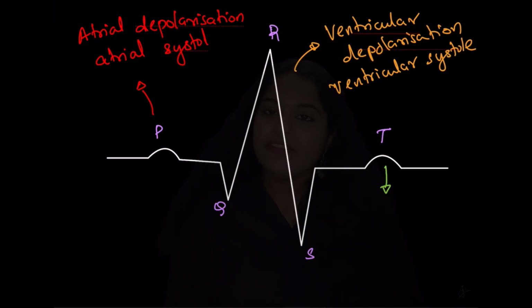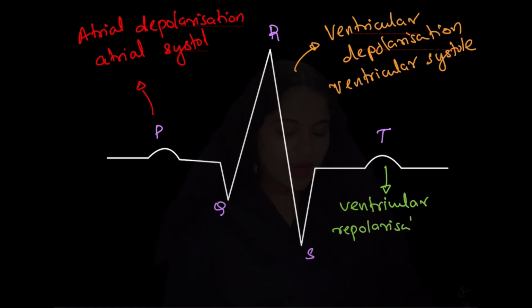Now what does the T wave represent? It represents ventricular repolarization, or the ventricular diastole.